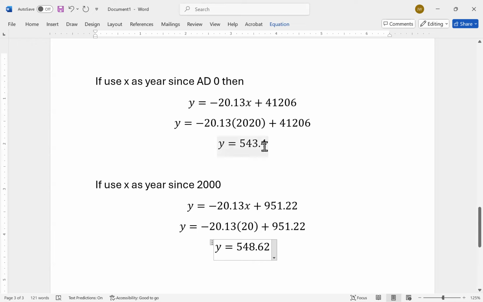Now you might say, well, these two didn't give me the same answers. They didn't give me the same answers exactly because I was using rounded numbers here for both my coefficient of X, but more importantly, my y-intercept. If I wouldn't have used rounded numbers for this coefficient of X and for this y-intercept, then they would have matched up perfectly.